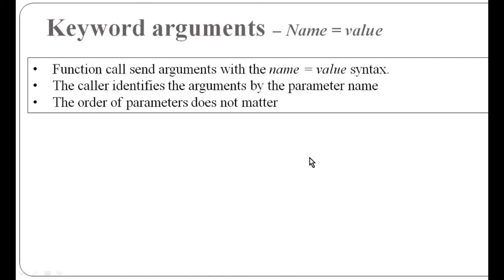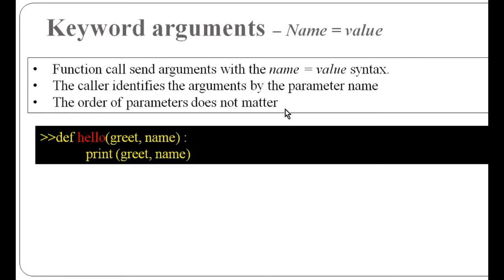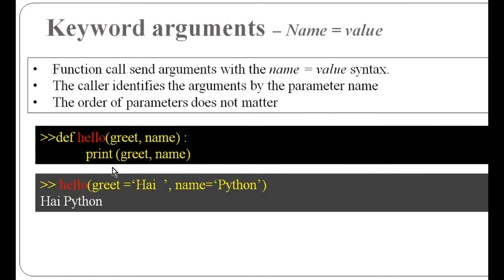You have different ways of passing the argument. One is a keyword argument, that is name is equal to value. So you can send arguments with the name is equal to value syntax. The caller identifies the arguments by the parameter name. The order of parameters does not matter. Here you can see that this is the previous function.